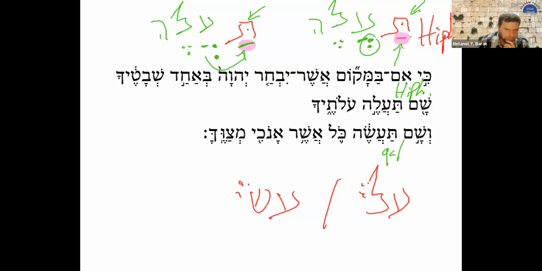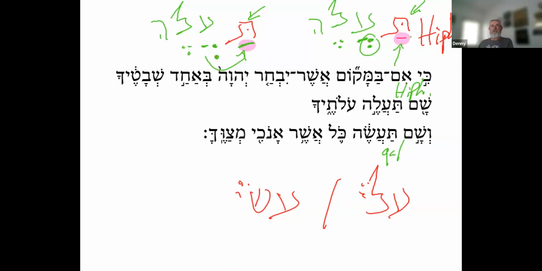Even in those cases where it could theoretically be, this root simply doesn't exist with a Hifil. So I know it's a Kal, even though morphologically we don't have a difference between the two. Okay, that's one thing.